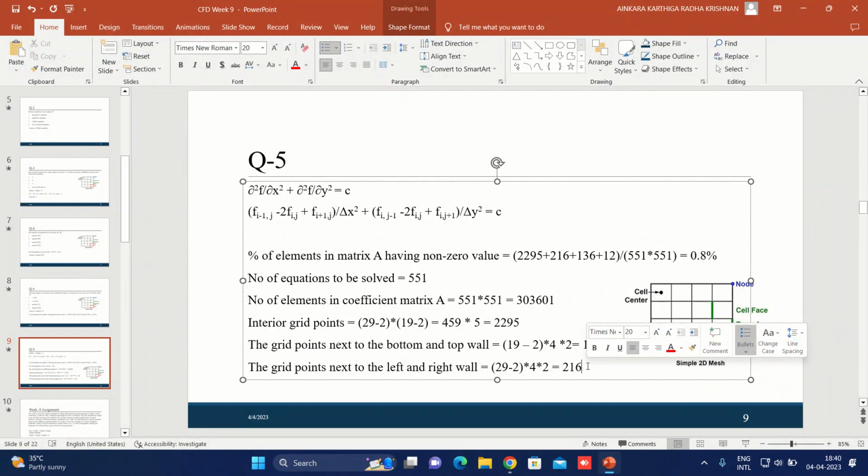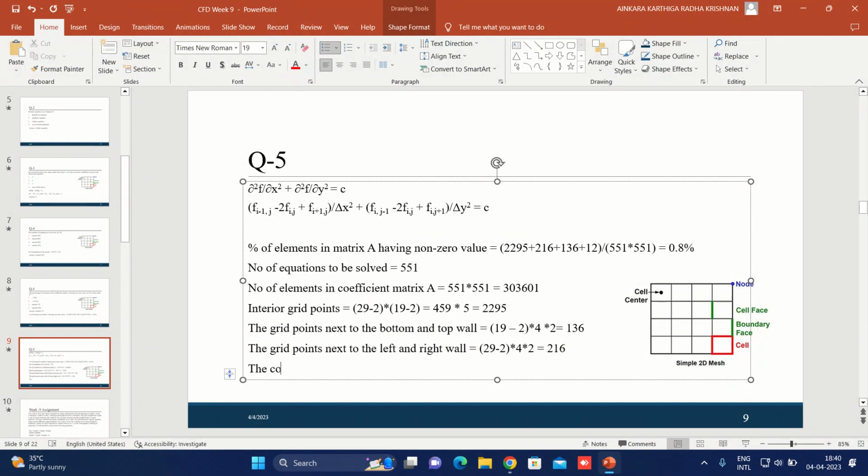So this is 216, and we have excluded the 4 corner points, that is, those that were sharing the boundary walls. So when we are including those points, 4 corner points are left. In those corner grid points, how many points would be there?